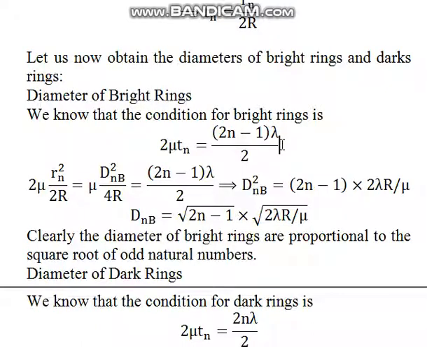Lambda upon 2 is transferred to the right hand side, and finally you can obtain this expression by applying normal incidence and the very small wedge angle case.